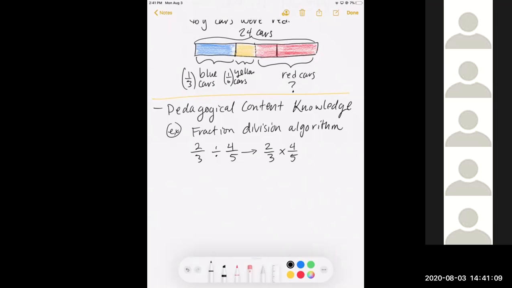Another common one is that they'll do the reciprocal of the first fraction. 2/3 divided by 4/5, we said that's equal to 3/2 times 4/5. So those are a couple of things that students can do. And I have some more examples with the division, but that's kind of all we have for today.